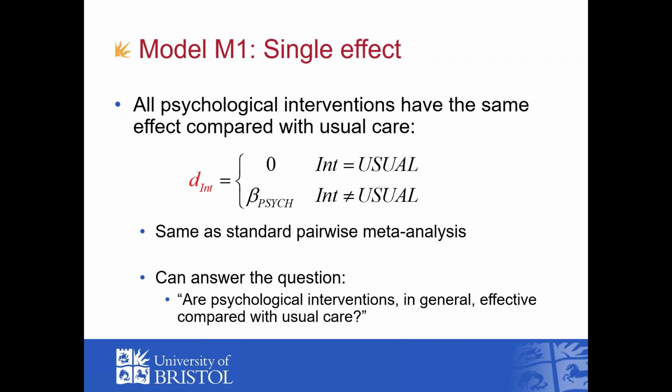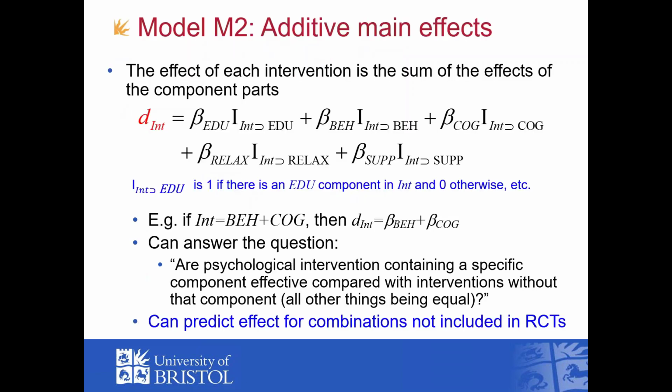So I think this model has value, although the worry that we have is that because we've lumped all these very different interventions together and assumed that they're having the same effect, that could be introducing quite a high level of heterogeneity. The next model that we can look at is an additive main effects model. So here we assume that the intervention effect is equal to a sum of its parts. So we would have an effect of educational interventions, and this I notation here is saying we'd include this term if the intervention included an educational component, and it wouldn't include this if it didn't.